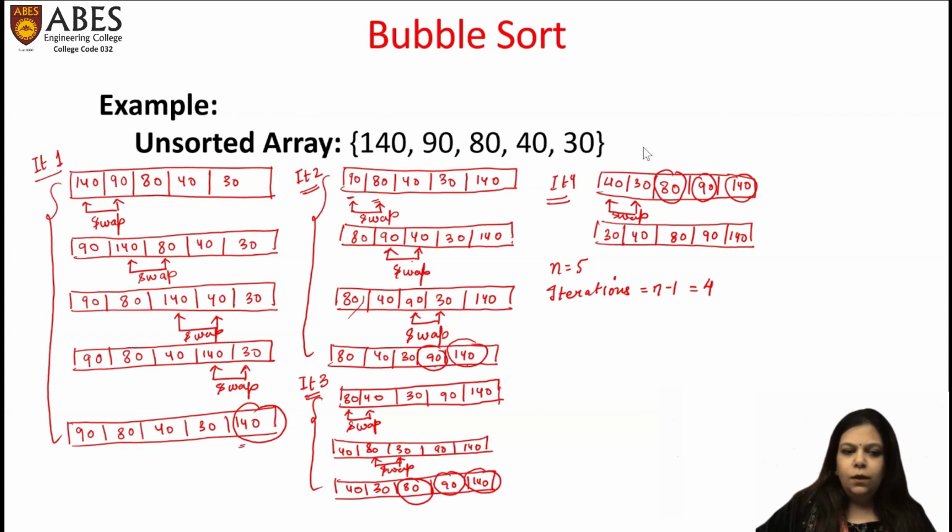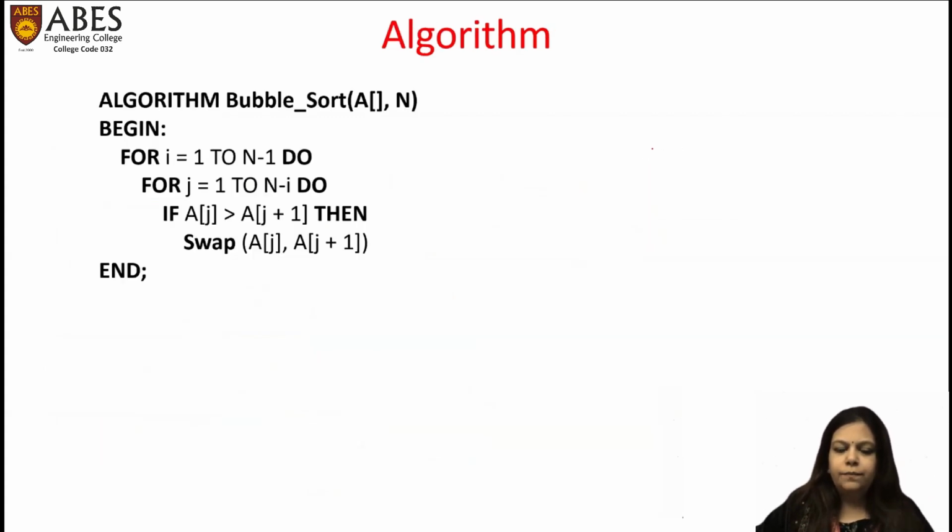Let us now see the algorithm of this sorting technique. The function bubble sort will have two parameters, including the array that needs to be sorted and the number of elements that are stored in the array, which is denoted by n.